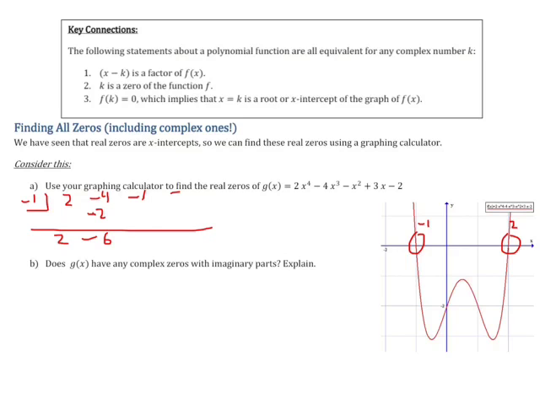Let's spread this out. We've got 3 and negative 2. Okay, and again, we multiply, we get 6. We add, and we get 5. Multiply, negative 5, add, negative 2. Negative 1 times negative 2 is 2, and we add and we get 0. That's what we expected because we knew that negative 1 was a zero.